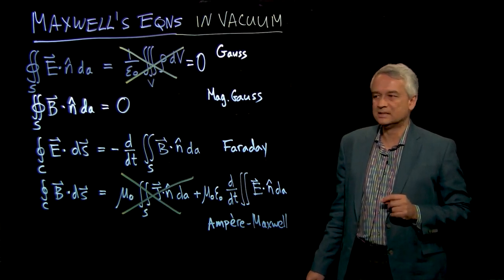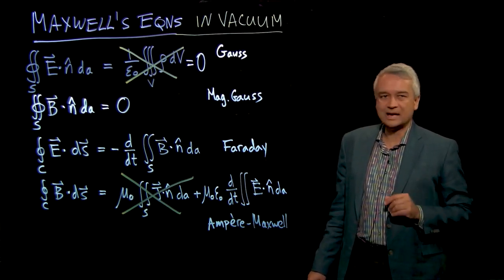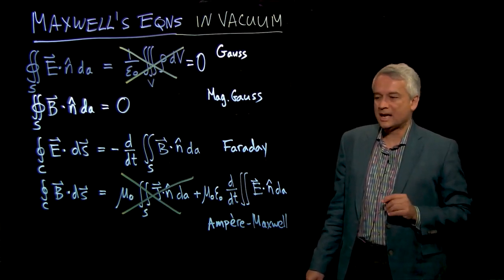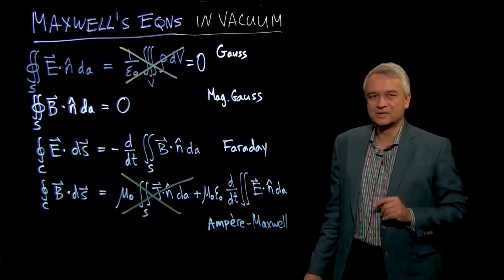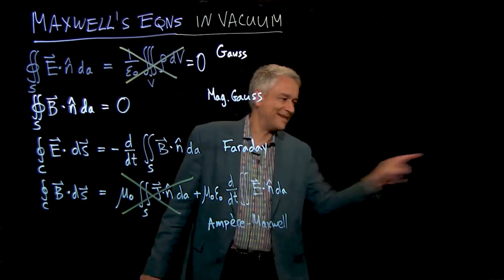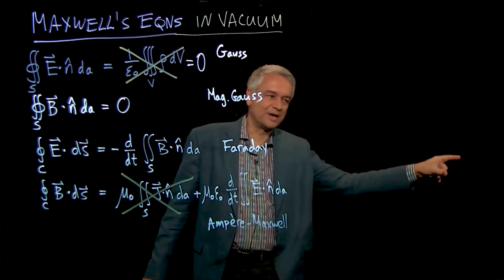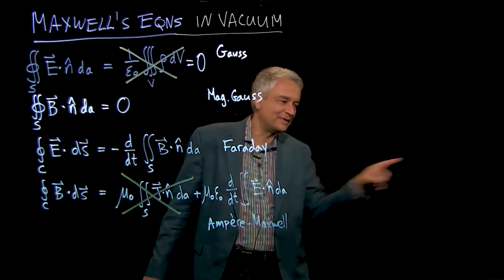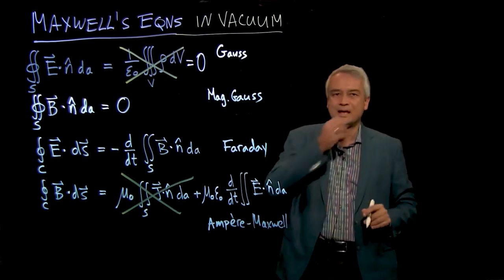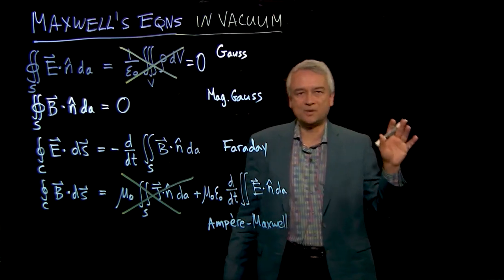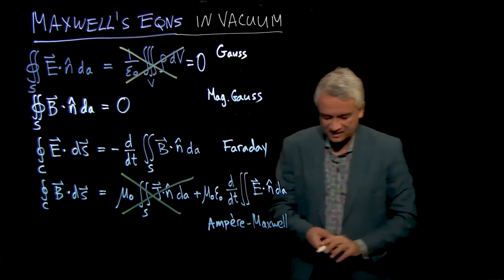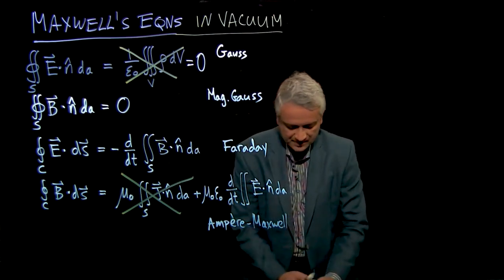So we're going to make some particular choices that will simplify the solution. And the first choice we're going to make is I'm going to describe to you a solution in which there's a wave that's going that way. And we're going to call this direction the x direction. So we're going to have a wave that's propagating in the x direction. And it will be a wave in which not all components of the electric and magnetic field are non-zero.